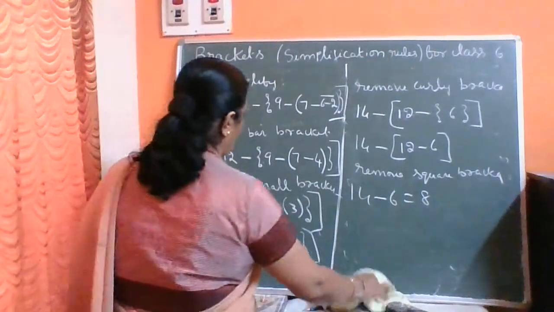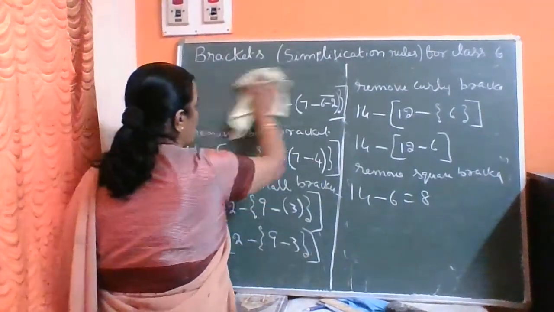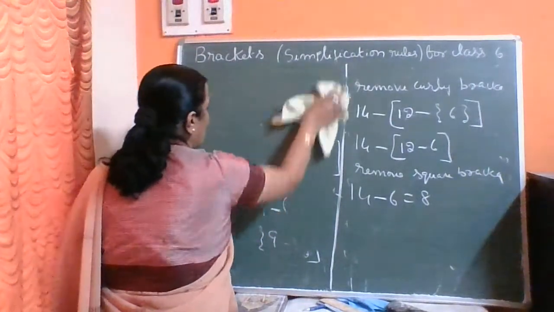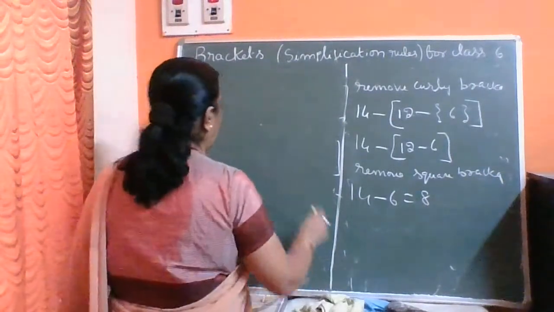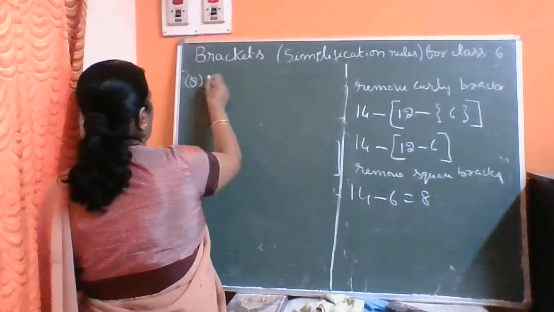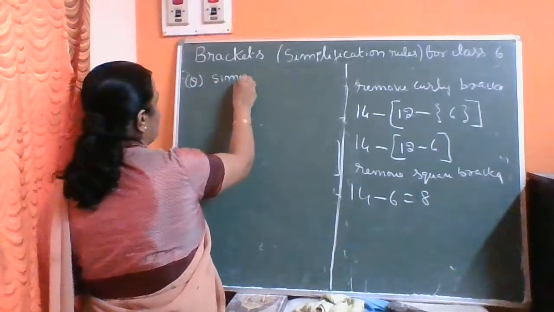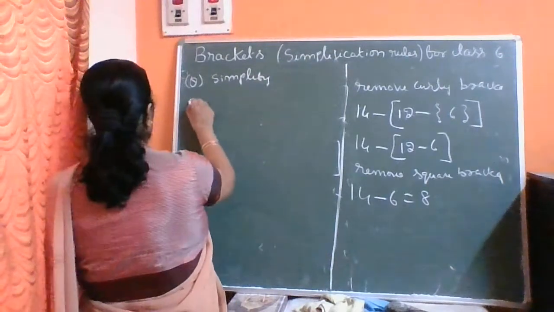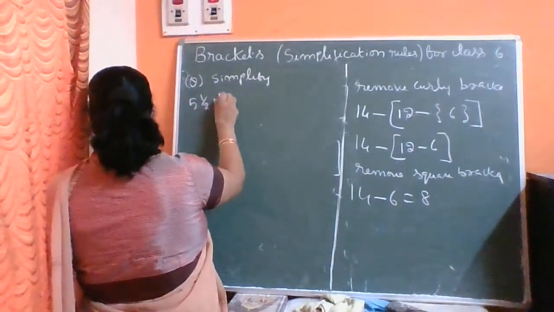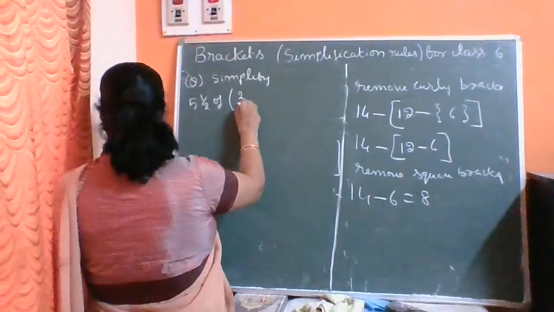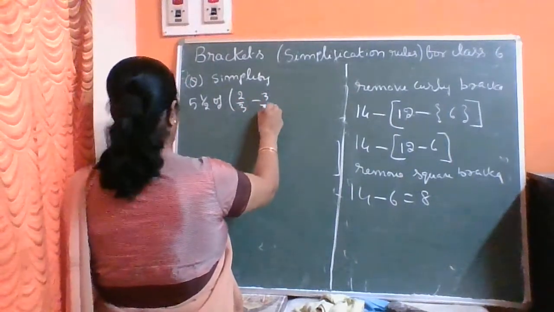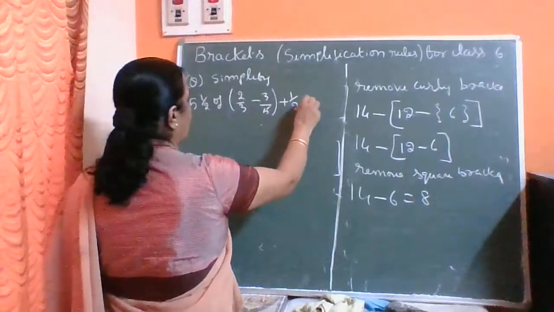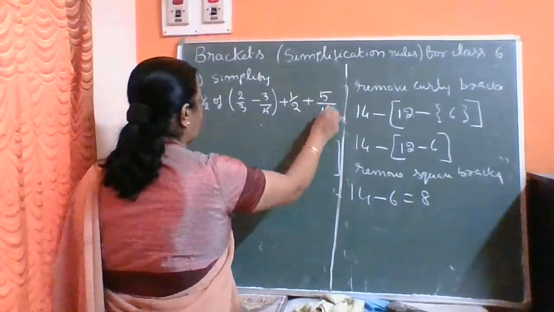Next question. This question is also simplify, where you are using the BODMAS rule. Question is 5 and half of 2 by 3 minus 3 by 5 plus half division sign 5 by 11.